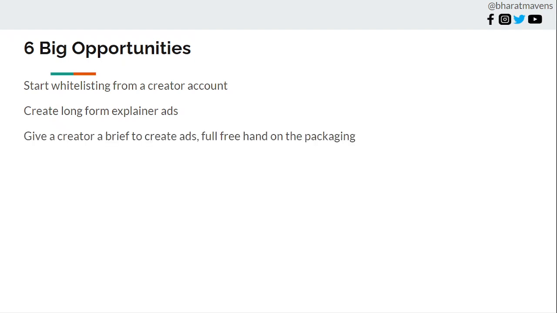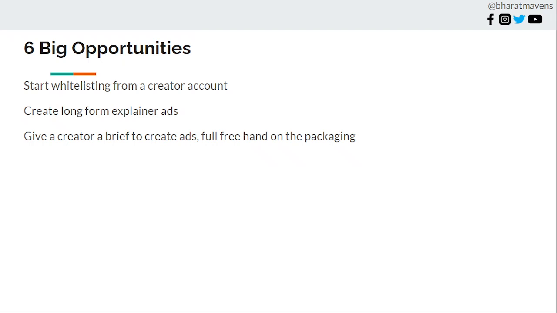Number 3, give a creator a brief to create ads, but full freehand on the packaging. This is an uncommon way, but always give a brief to the creator, and give full freehand on how to package the video. Now, packaging the video means how they present their idea. Though the idea you want to present can be communicated from the brand side, how it needs to be presented, let the creator have the full freedom, because the creator knows his or her audience very well.